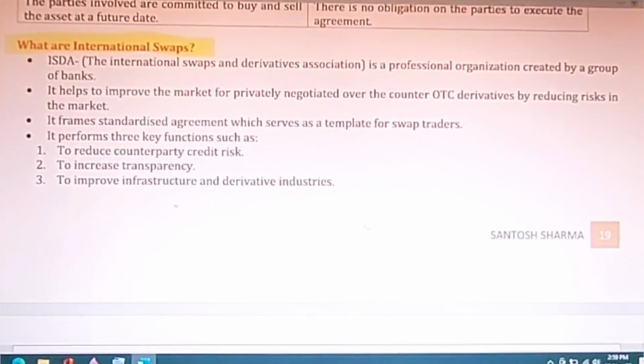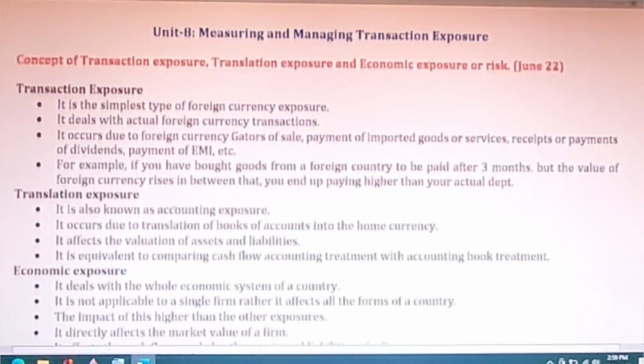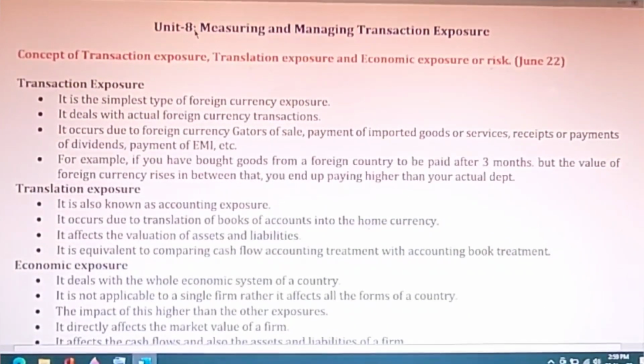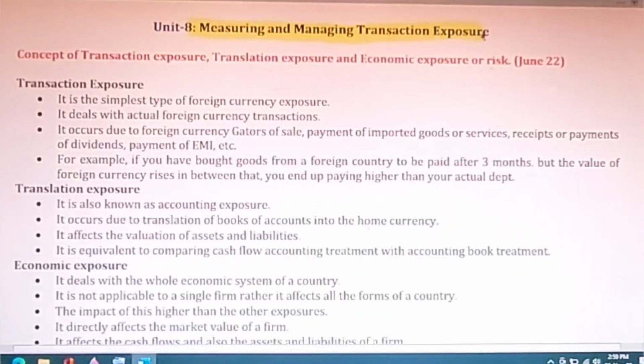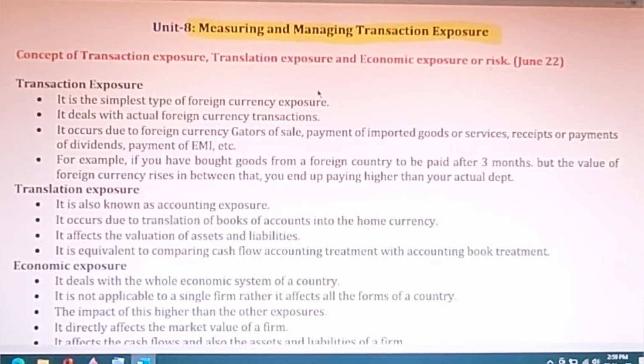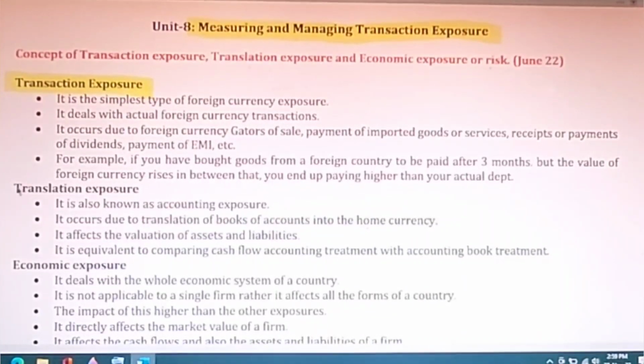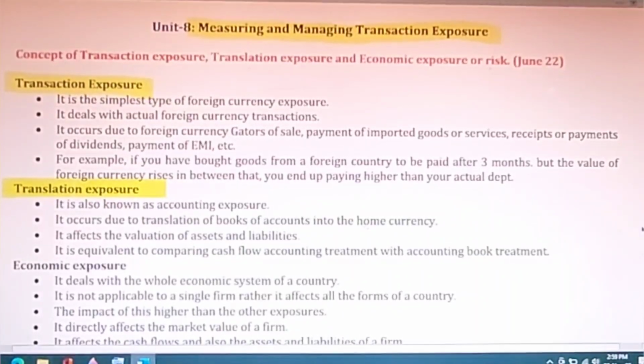So okay, let's move on to the next unit. Unit 8, measuring and managing transaction exposure. A lot of questions came in June 2022 from this unit, like what is transaction exposure, then how it is related to translation exposure, the difference between both these exposures.